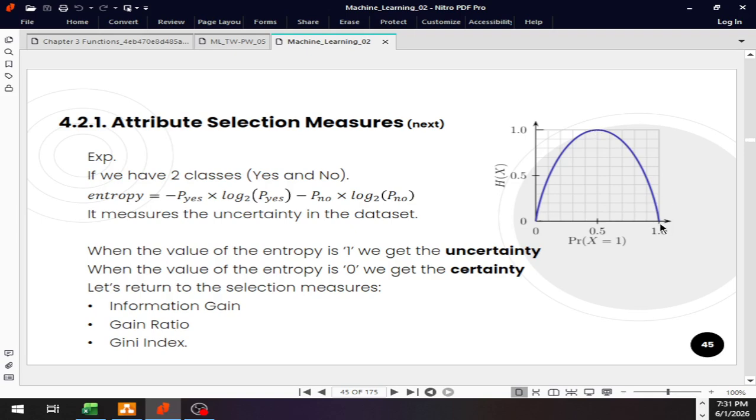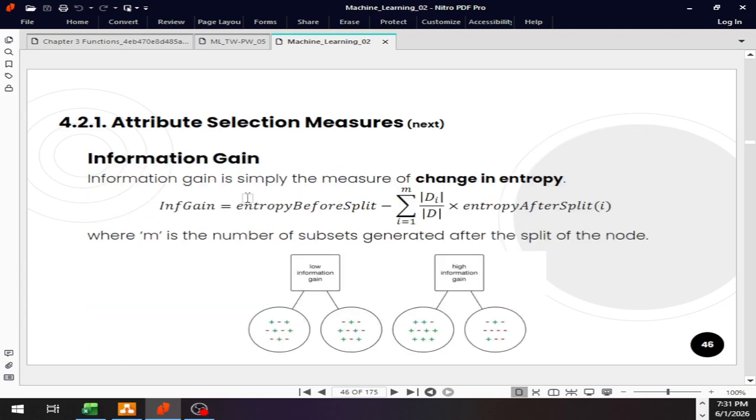But if we have either 100% or 0%, it means it's pure or clean. This is very messy, this is pure. So entropy here equals 1, and in both places equals 0. These are the formulas for that.